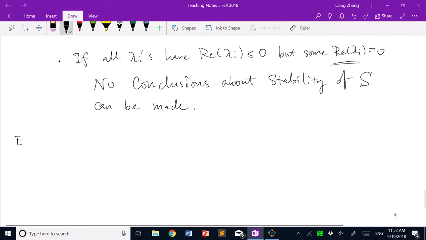So, example. Let's first look at the equilibrium pointing downward. So this is y star equal to 0.